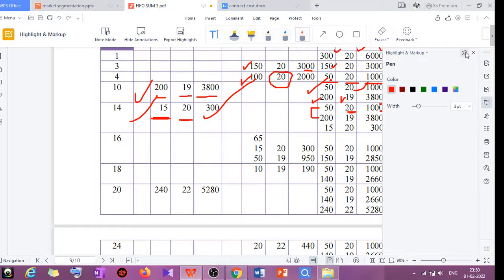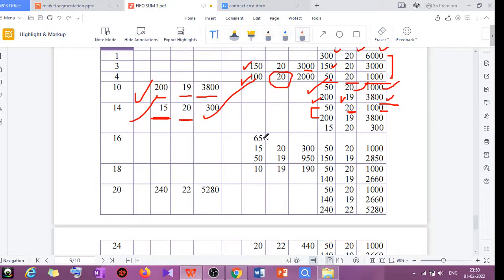So I have written here 65. Now which method are we following? LIFO. Now LIFO means last in first out. Whatever we have received latest, that will be issued first.